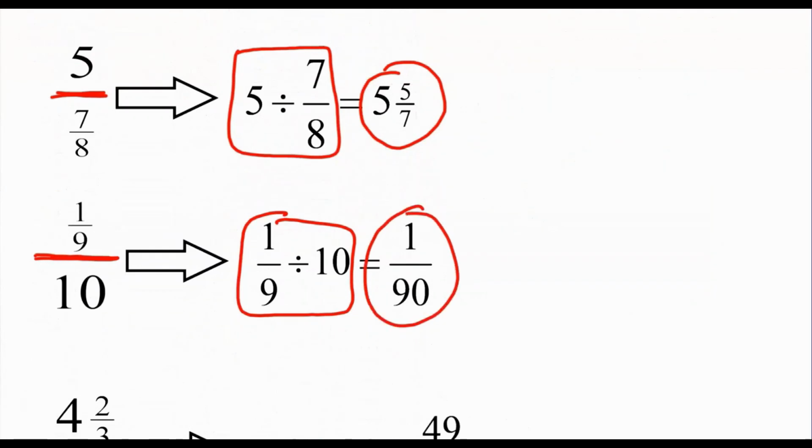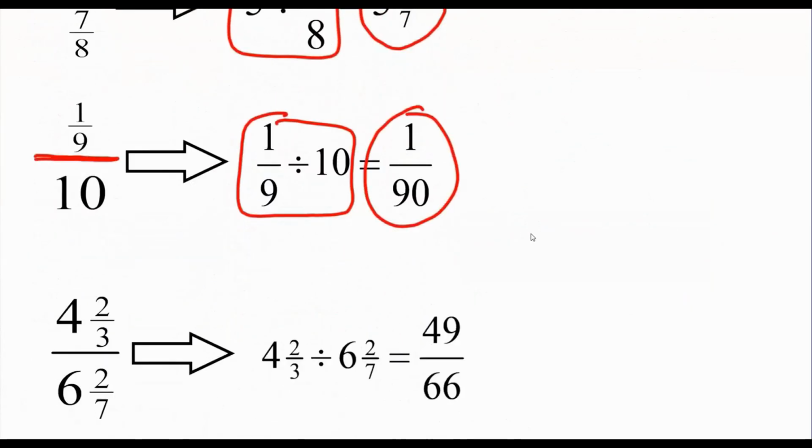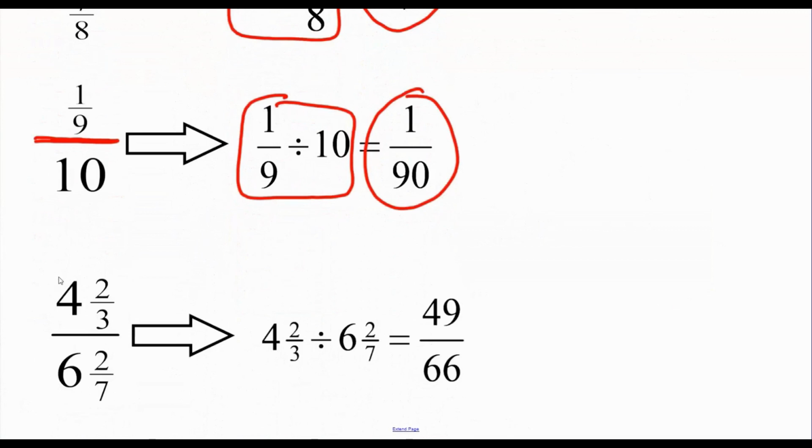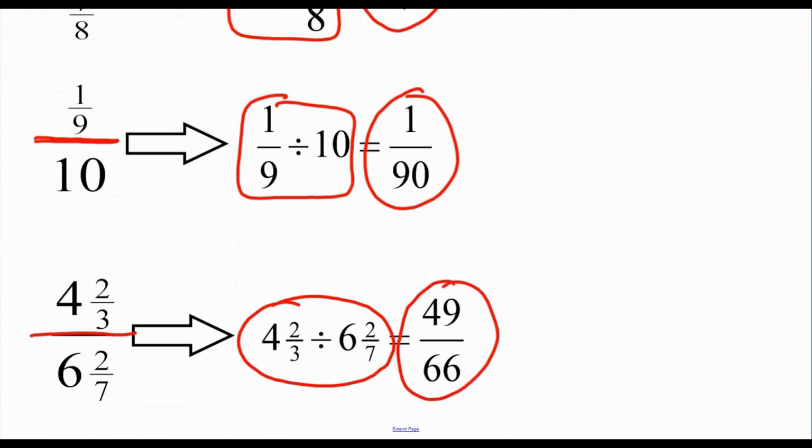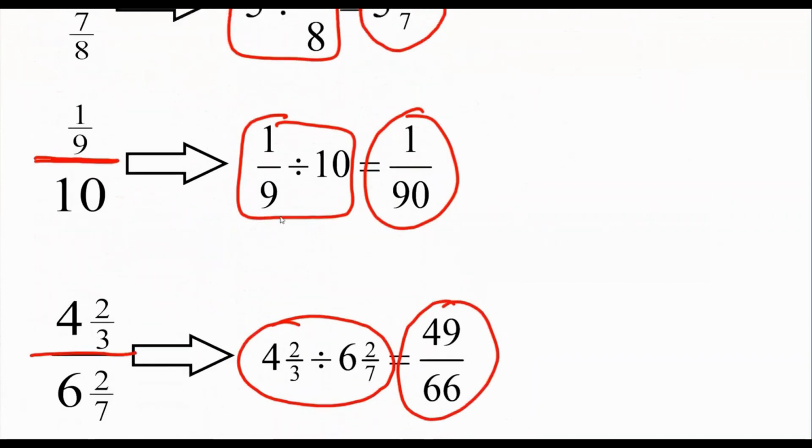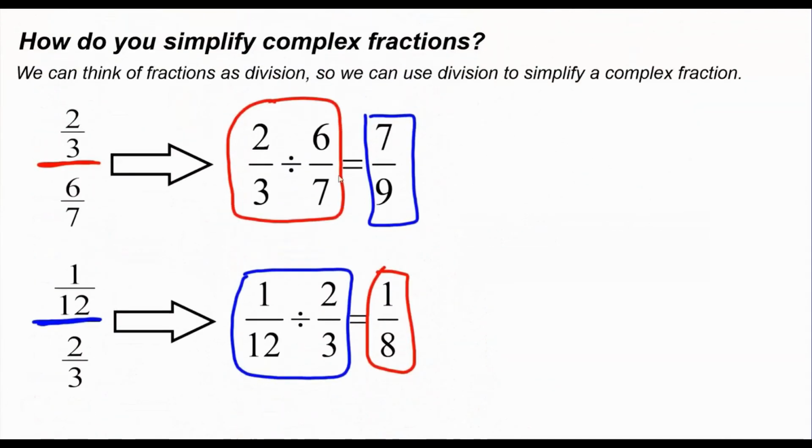So 1/9 over 10 has a value of 1/90. And then lastly, the mixed numbers, 4 and 2/3 divided by 6 and 2/7. That's how we're going to think of that. So we take 4 and 2/3 divided by 6 and 2/7, and you get 49/66 as the simplified version of that complex fraction. So pretty easy to simplify a complex fraction. We're just going to use division to do that.